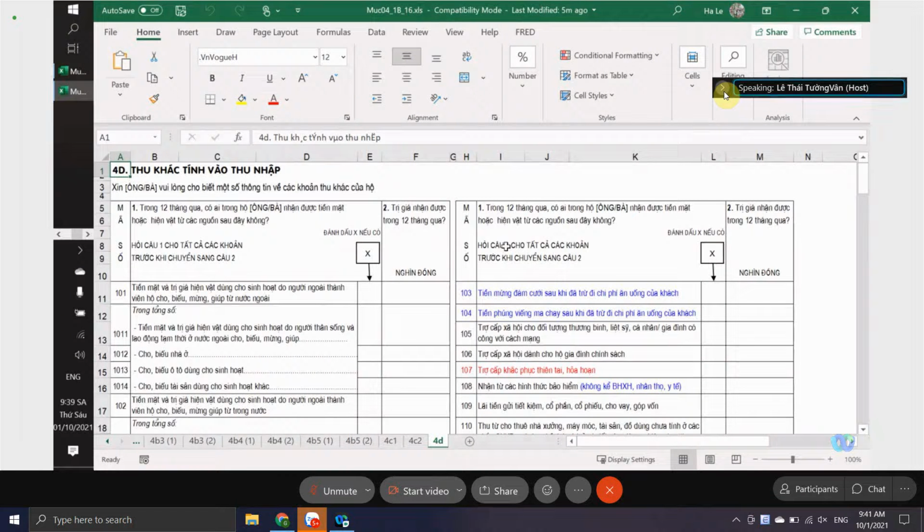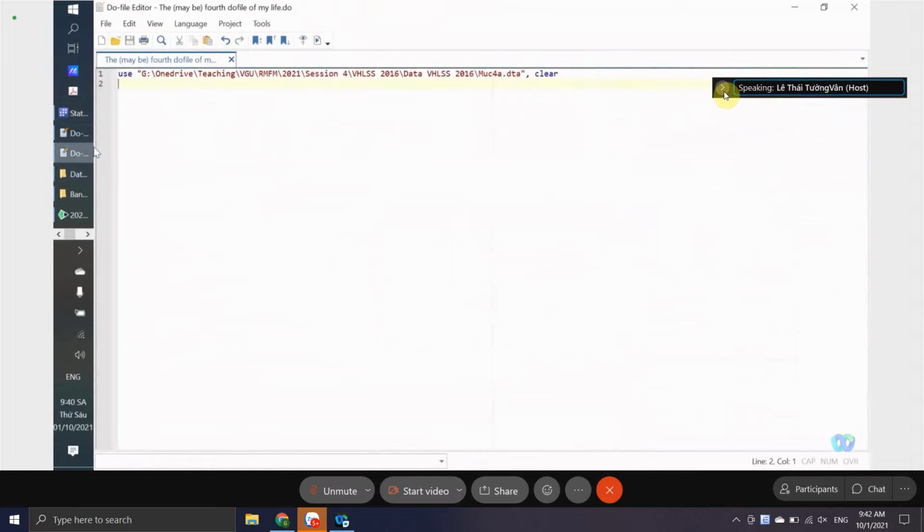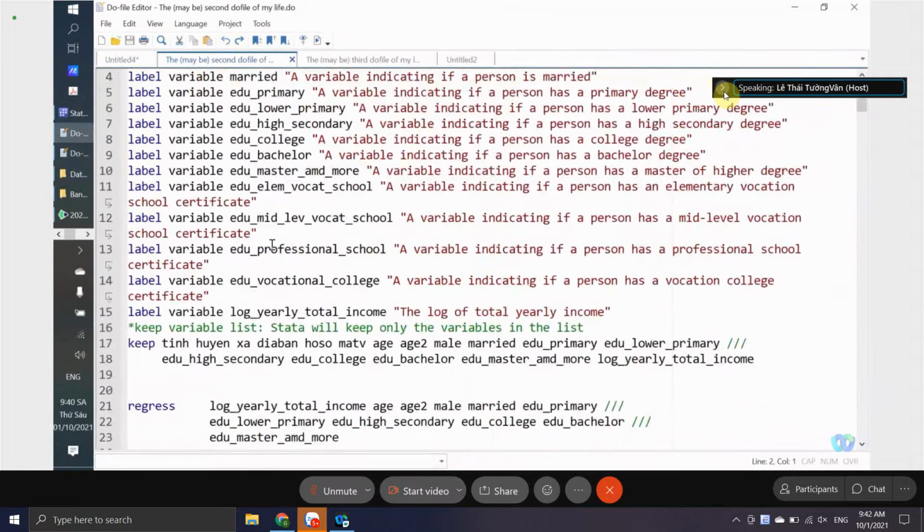So if we do not understand what a certain variable contains, what kind of information it brings, you can revisit the questionnaire and have a better understanding of the variable.